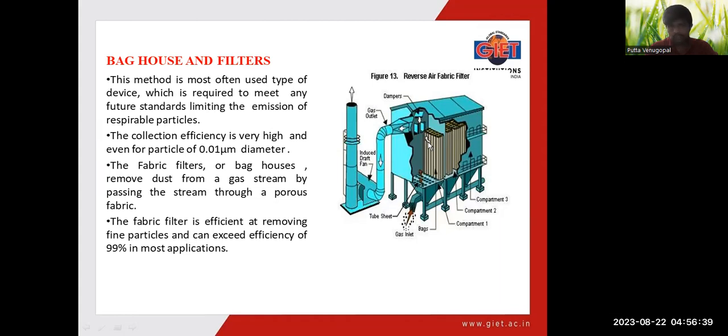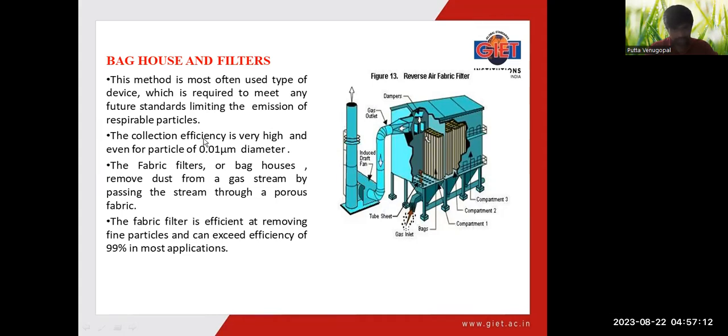After grinding or milling, all the raw material comes into the bag filter, where it is collected and then stored in the hoppers, and the gas outlet goes out from this line.